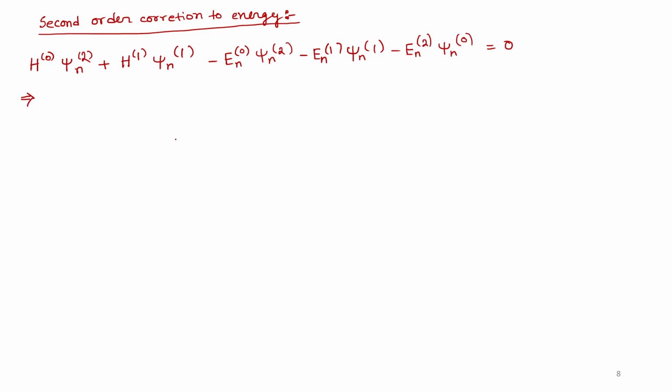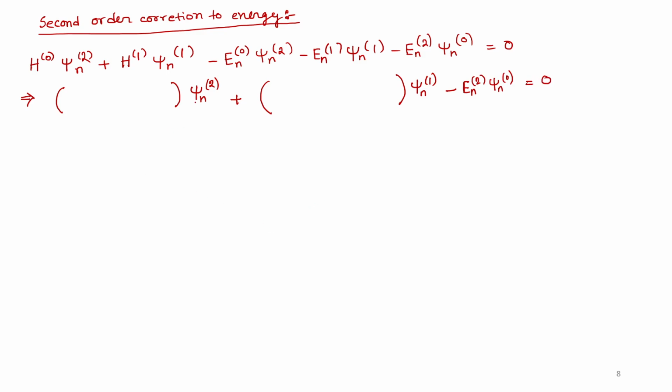So we'll collect only in terms of, maybe you can say, psi n second, then we'll collect in terms of psi n one, and as you can see, there is only one term in terms of psi n 0, to 0.